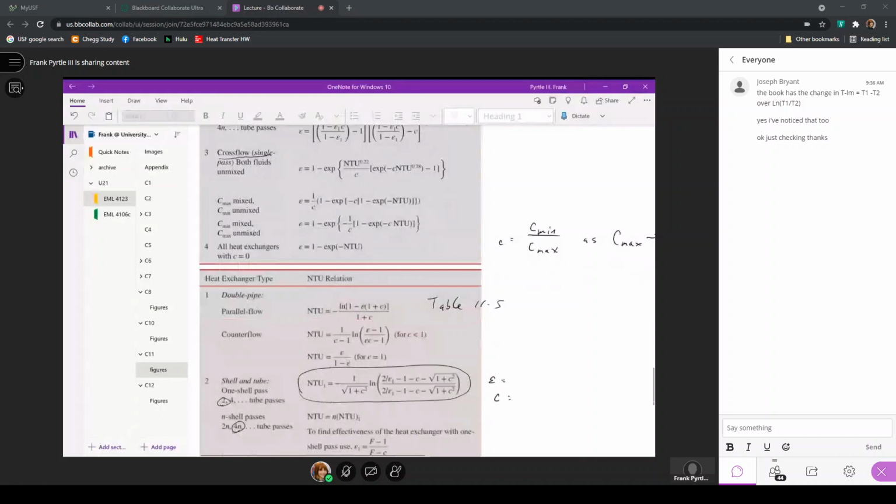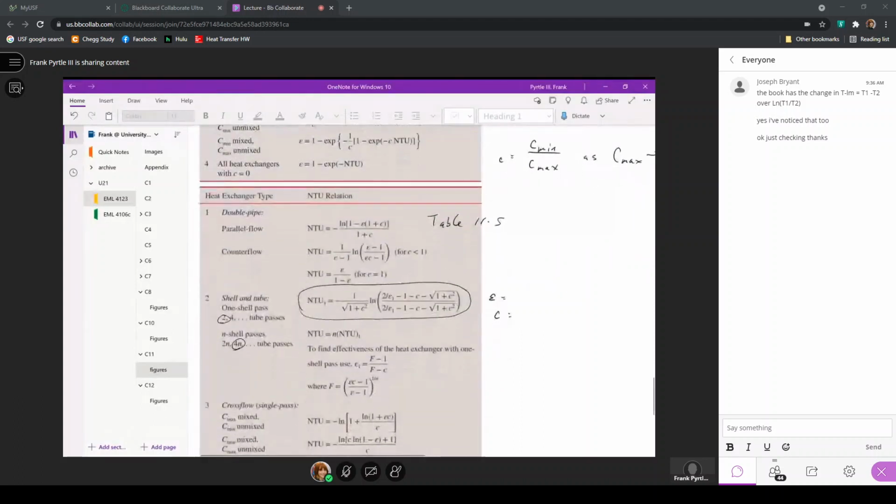And then in Table 11.5, the same information, but the number of transfer units is defined in terms of the effectiveness and the capacity rate ratio. Here we use the expressions that correspond to the type of heat exchanger in order to write an expression that allows us to get to a description of the geometry of the heat exchanger, which comes through the number of transfer units.